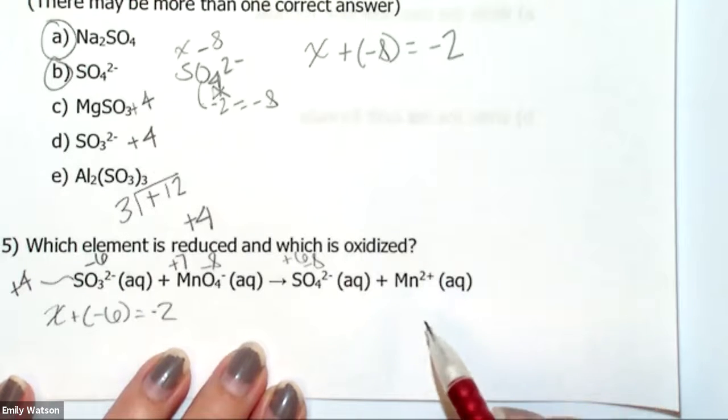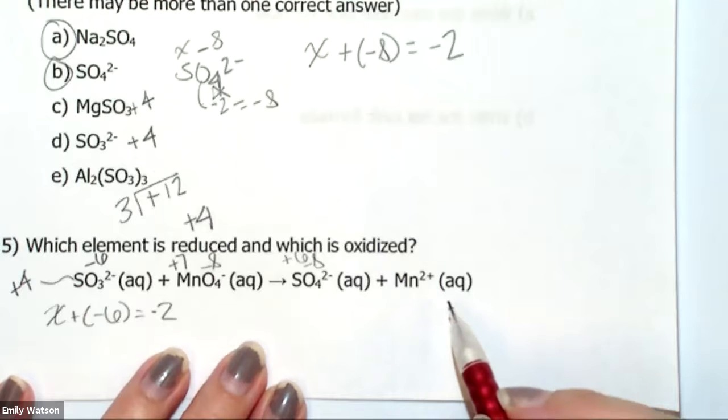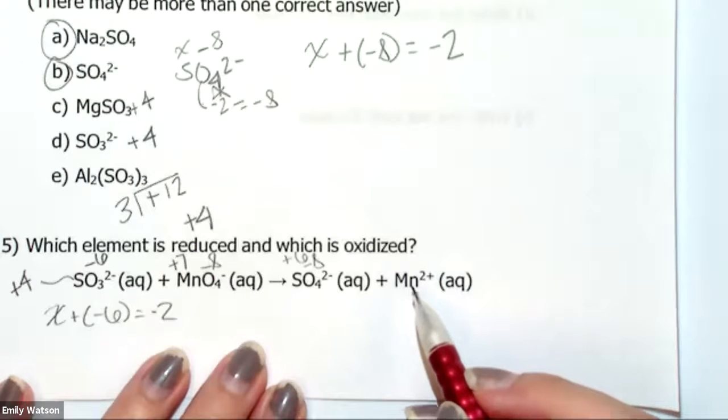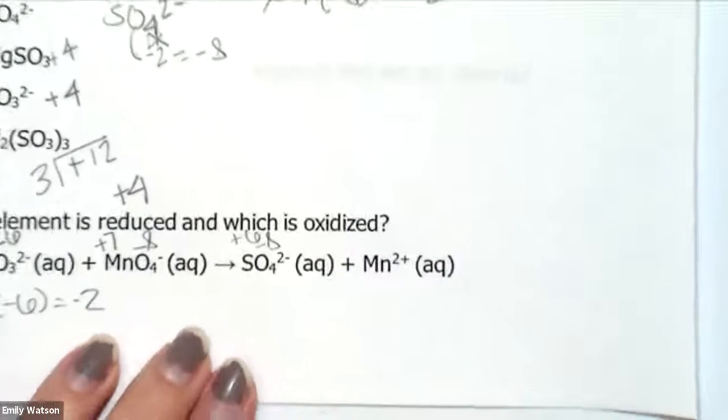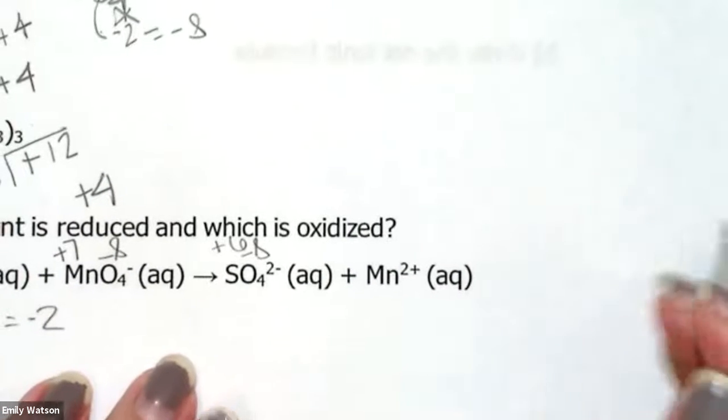You have to calculate it. So look at what's on the worksheet. We have Mn 2+.